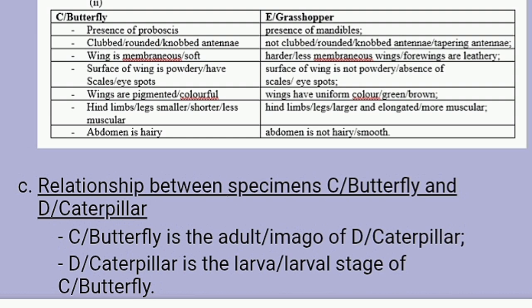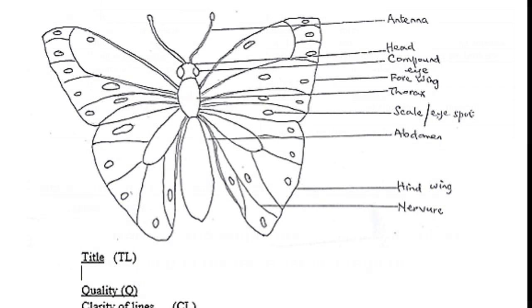But in grasshopper the hind limbs or the legs are larger and they are elongated, and they are more muscular than the butterfly's hind limbs. And in butterfly abdomen is hairy, whereas the abdomen of grasshopper is not hairy, it is smooth. Okay, so we've also differentiated between specimen C or specimen E butterfly and specimen G grasshopper.